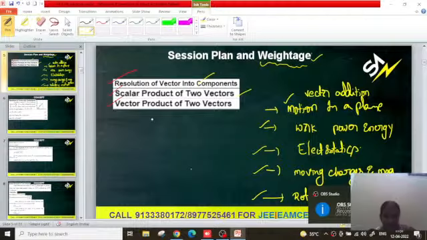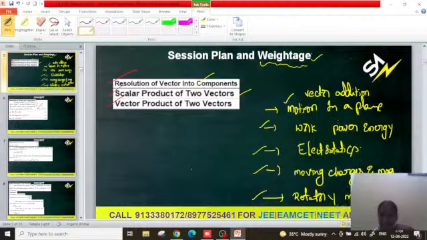Vectors play such an important role in solving numericals in the measurement of physical quantities. So today in our session we would like to discuss resolution of vector into components, scalar product of two vectors and vector product of two vectors.